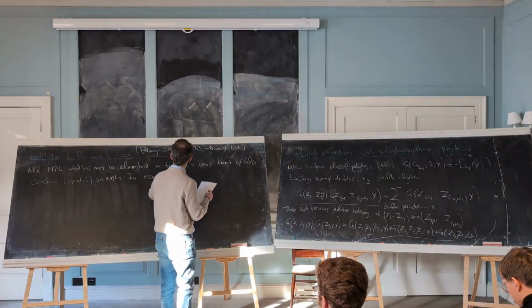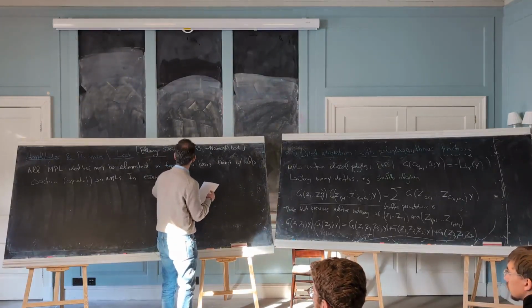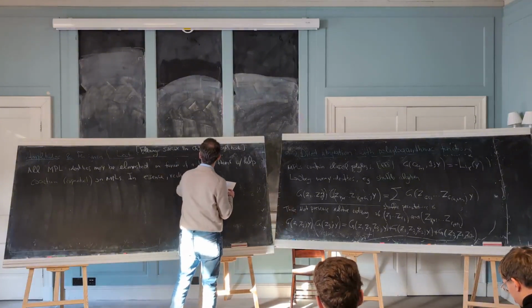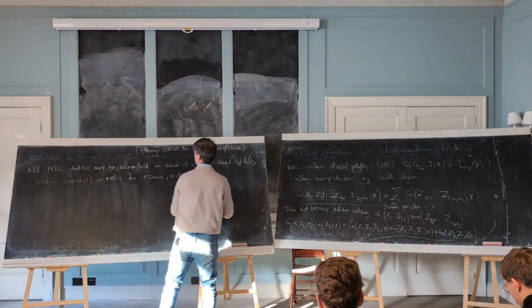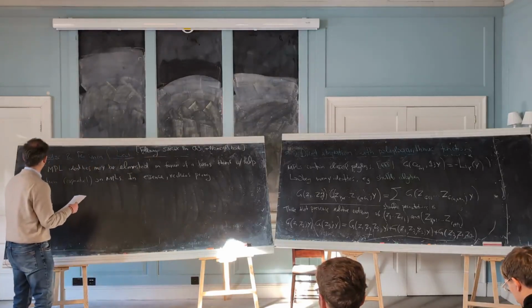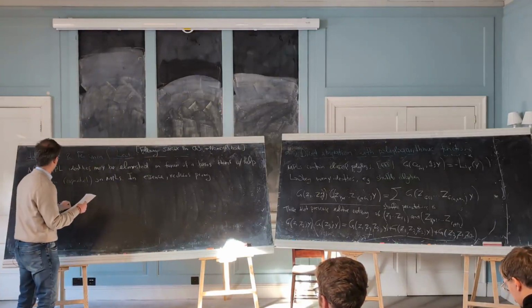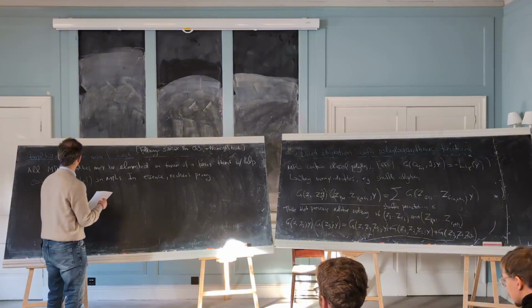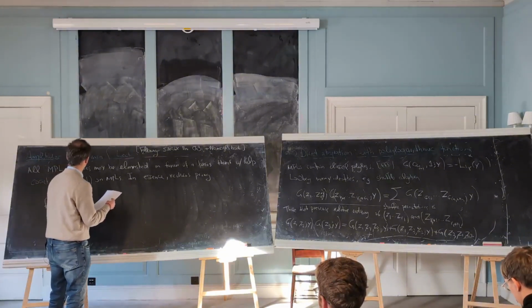In essence, this coaction coproduct reduces proving, let's say, f of x equals f tilde of x, let's suppose you have some identity.